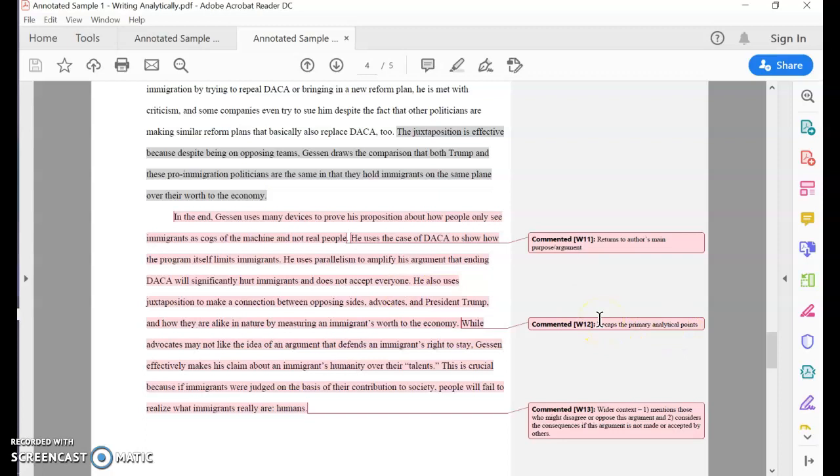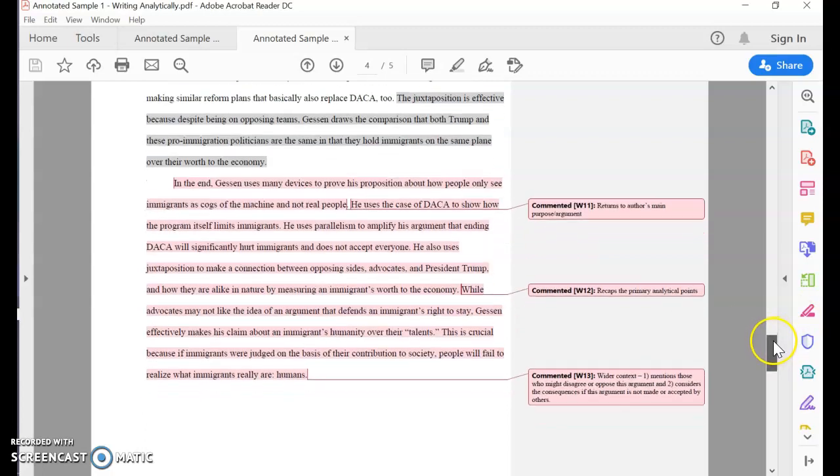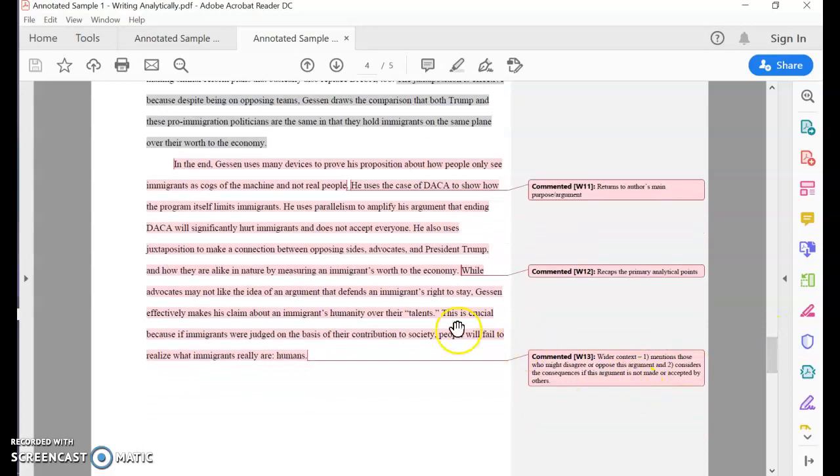So if you talk about ethos, pathos, and logos, you talk about repetition, you talk about word choice, whatever it is, have roughly a sentence for each of those, returning to the purpose of those and what was achieved. This one, and again, I think the last few sentences here, just looks at the wider context. So talking about immigration.